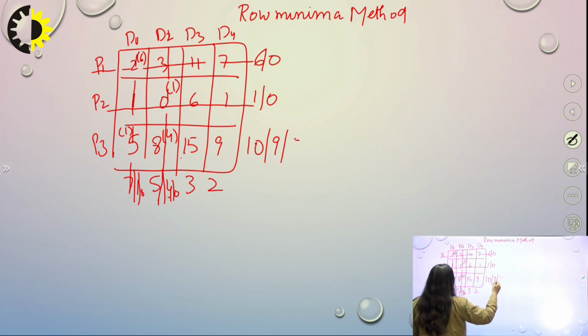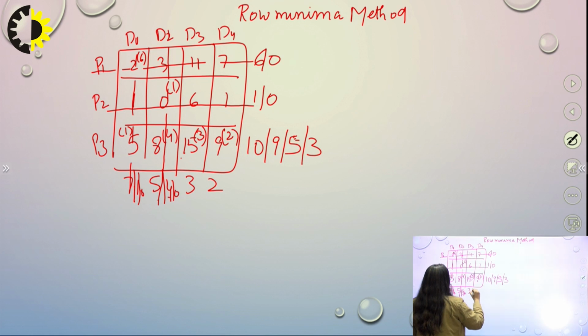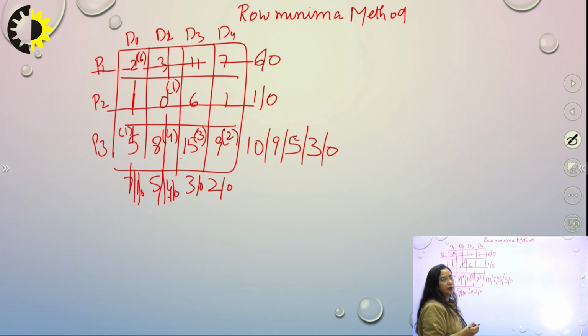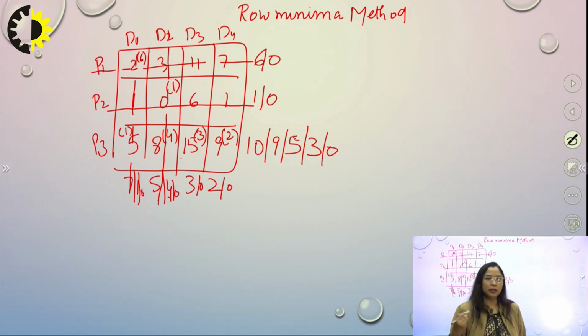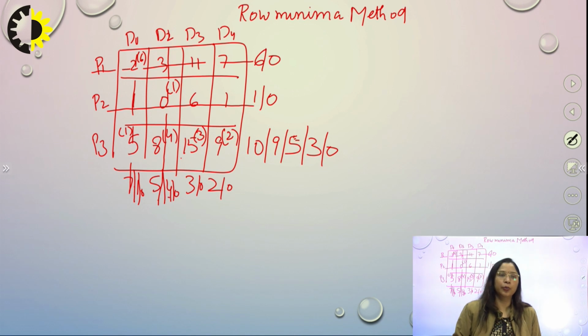So here 2 is requirement, it is 3, and similarly 3 over here. These are all becoming 0. So in this way we solve this matrix with the help of row minima method.